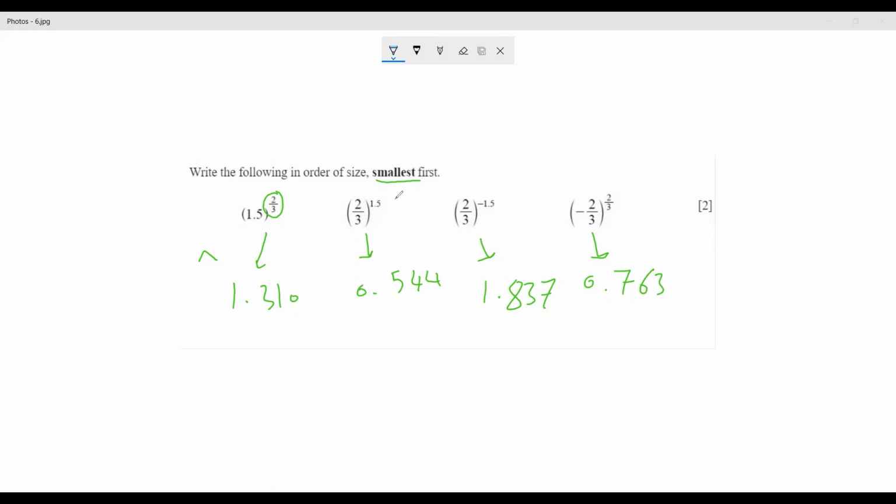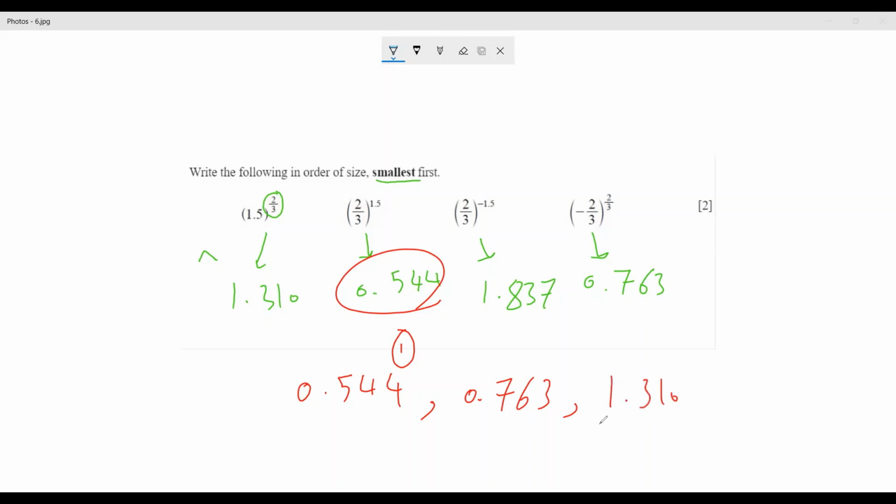So the smallest first is this guy. So this is 1. And so don't label them like what I do. You have to write them down in the examination. So maybe I better do that. So the second one would be, okay, 0.763 and then 1.310. Okay, I'm sorry, that's wrong.